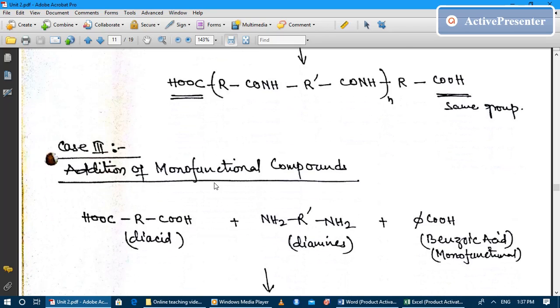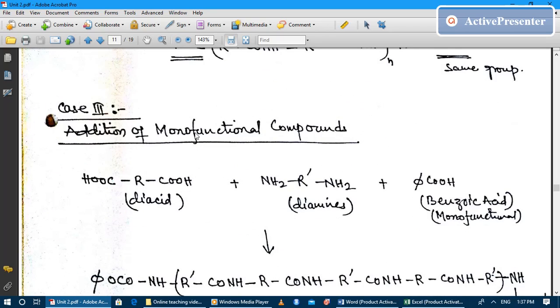The third case is the addition of a monofunctional compound. I hope you all remember monofunctional compounds means where the functionality of the compound is one. In simpler words, we can use a compound having only one functional group.